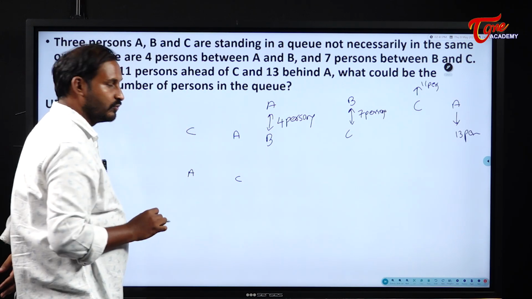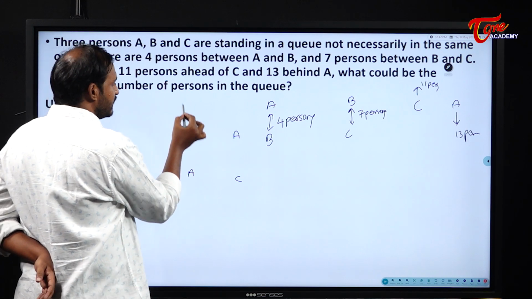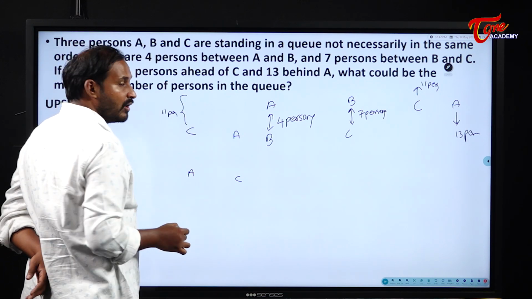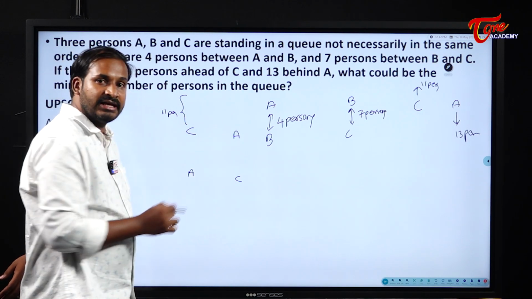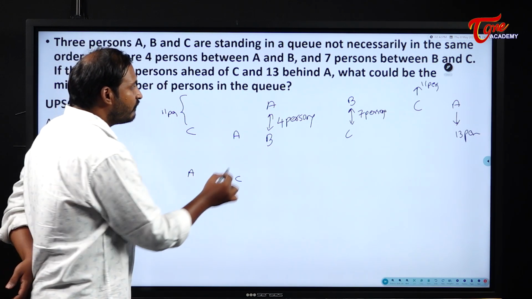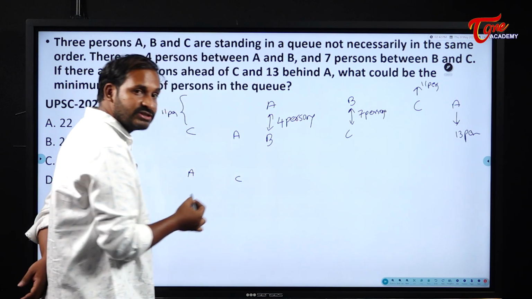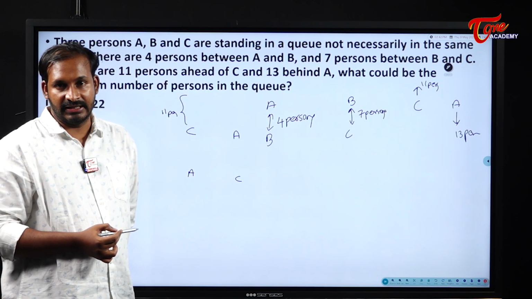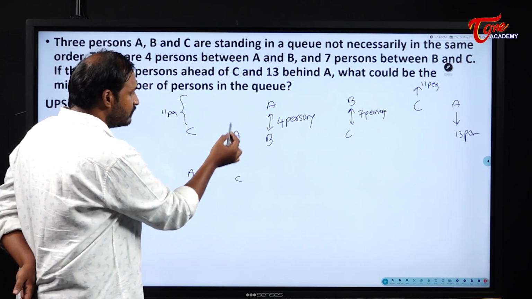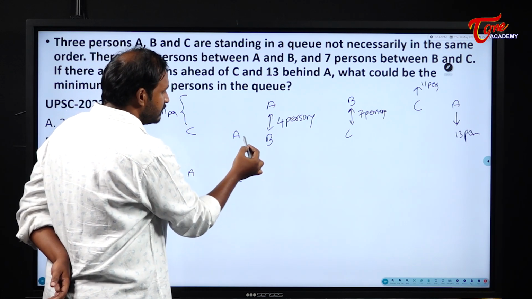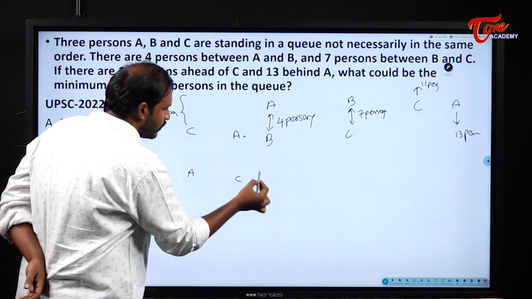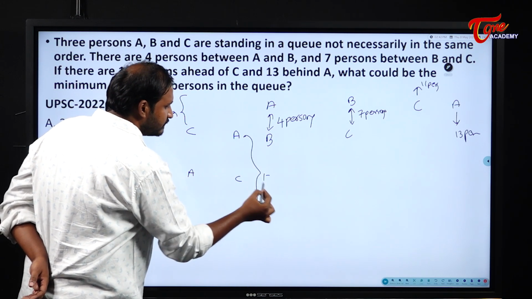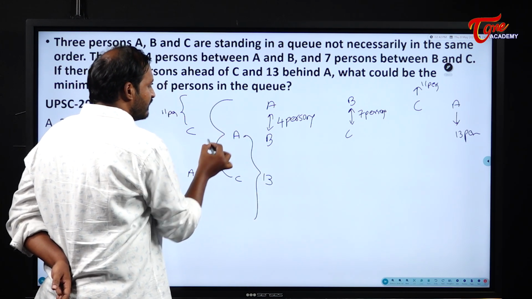Now if I take C below A, above C how many are there? 11. But below A I should have 13. So 13 here and 11 here.